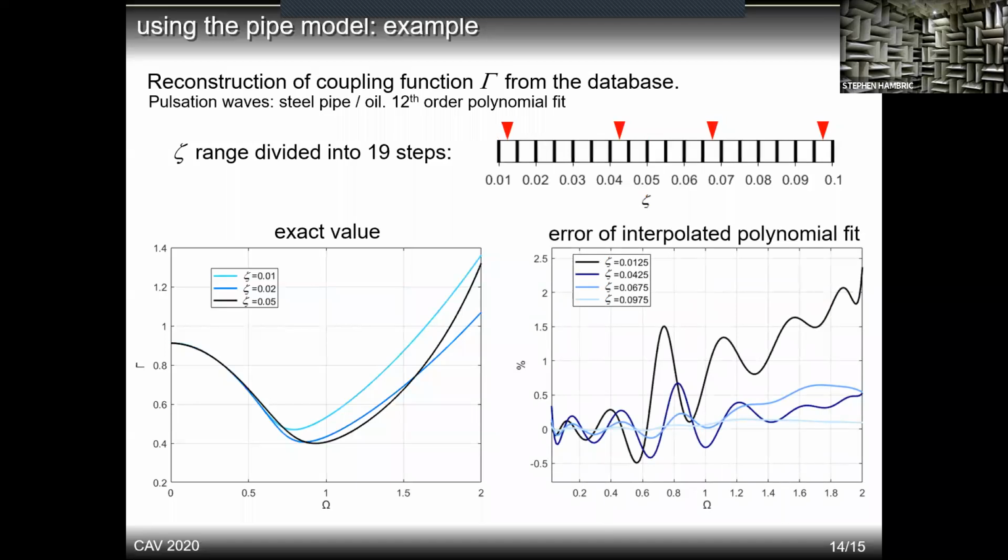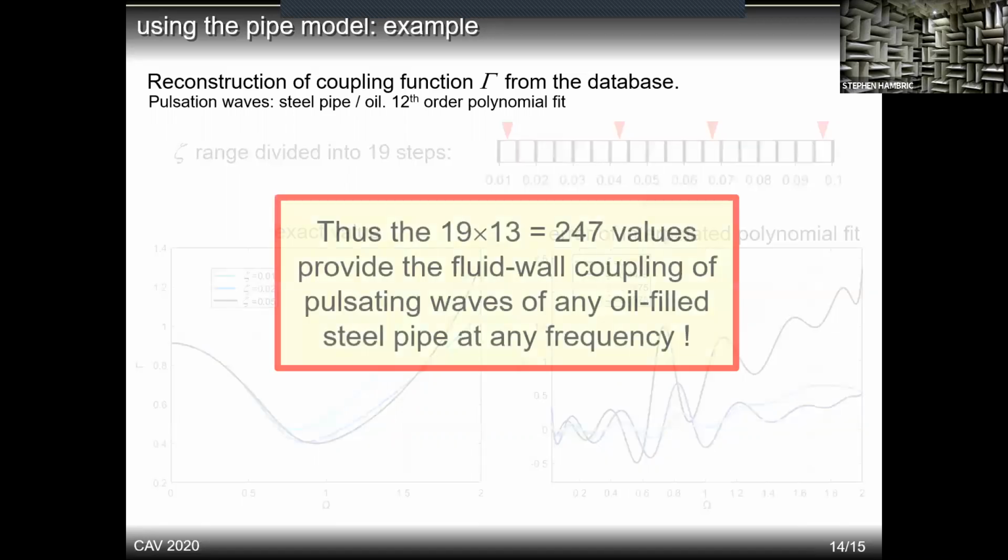We have 4 values of zeta now, which are in between the values used for computation. But again, we see that the error is not excessive. The one case, which is the smallest thickness to diameter value, has the maximum error of a little bit more than 2%.